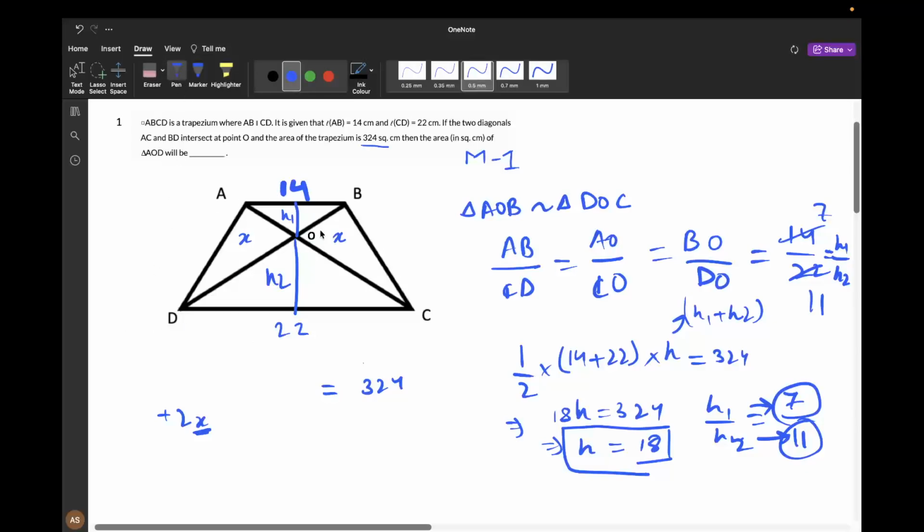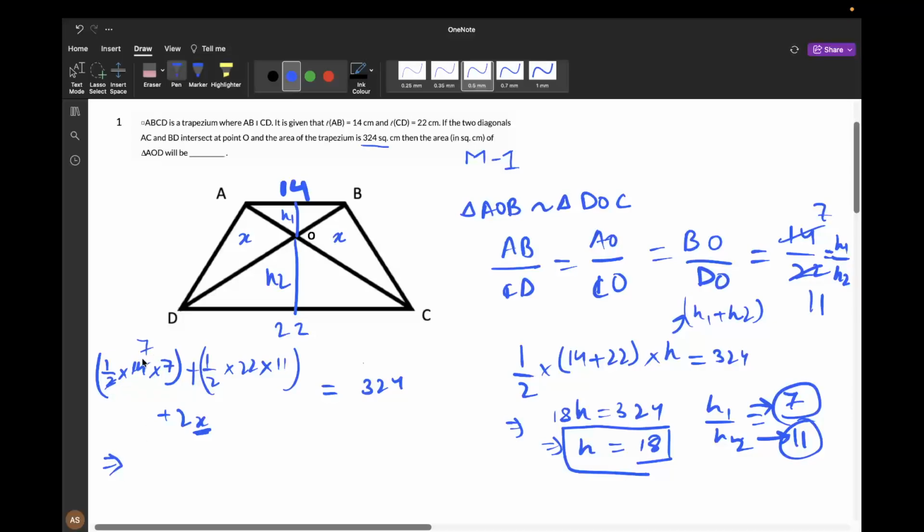So the area of triangle AOB is half into base, that is 14, into H1, which is 7, plus the area of triangle DOC, that is half into base, that is 22, and height, that is 11. We already have 2x here. Now it's just a matter of finding x by solving the equation.